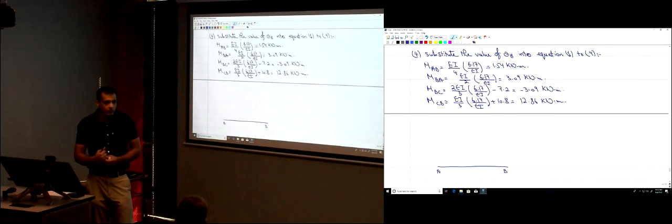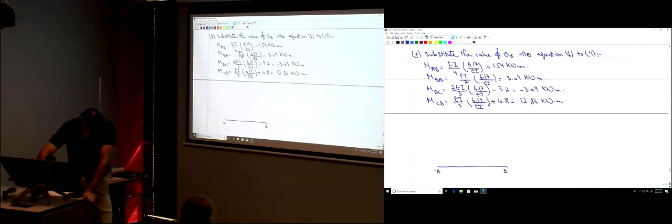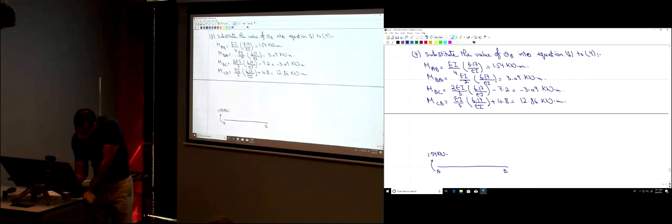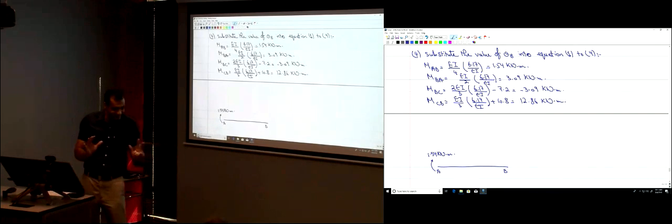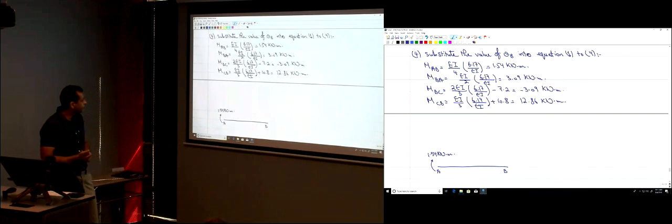Clockwise. Okay? It's clockwise. So here I have a moment of 1.54 kilonewton meters. Our assumption was correct. We didn't assume anything so far. So it's 1.54 kilonewton meters.